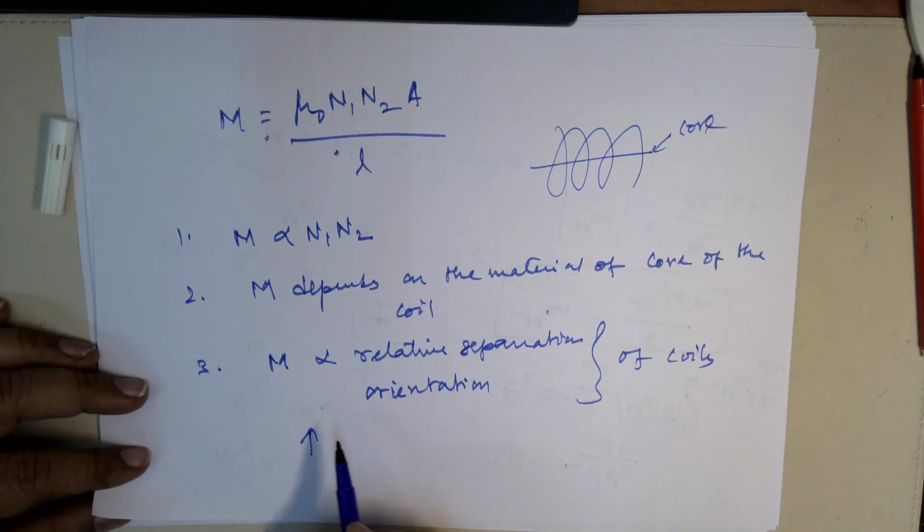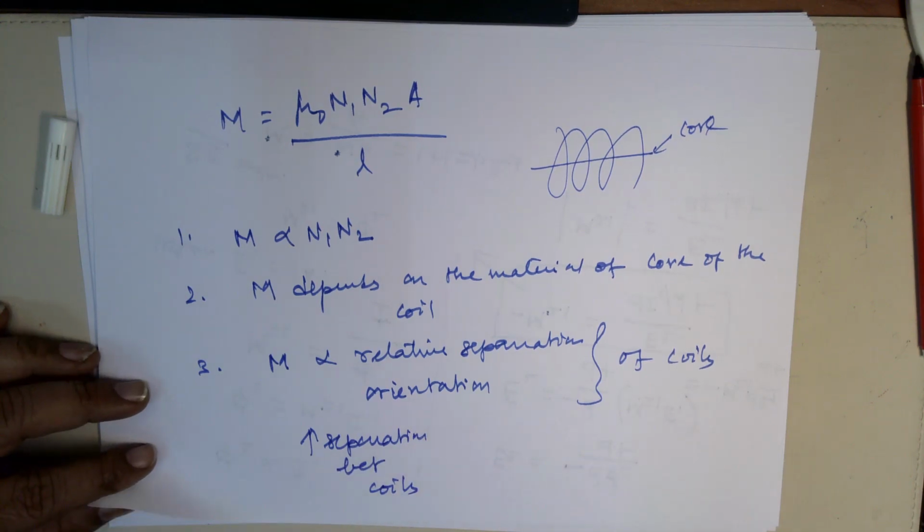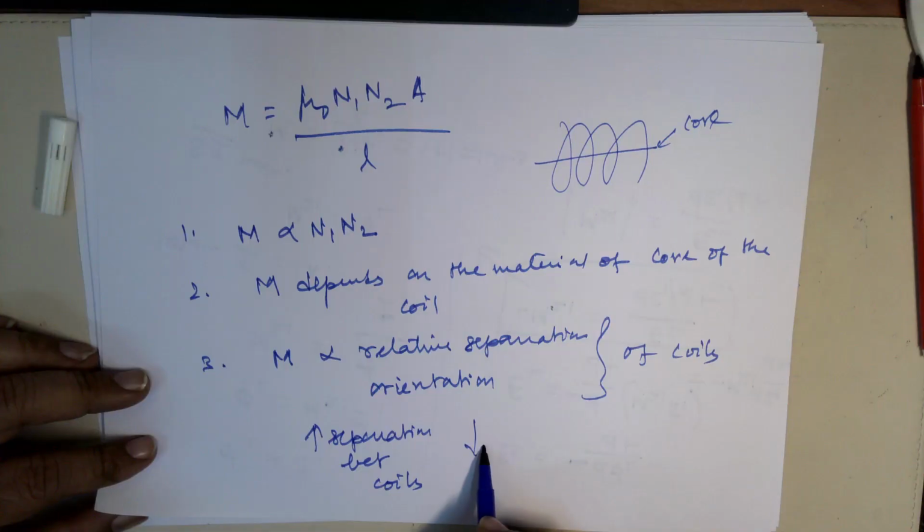So the larger the separation between the coils, the smaller will be the mutual inductance.